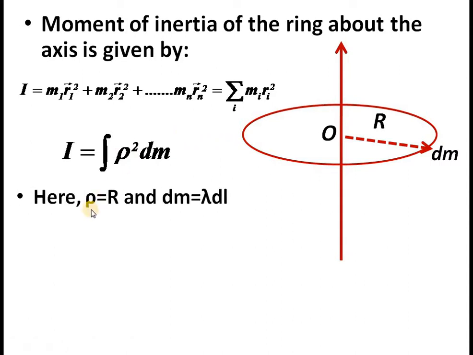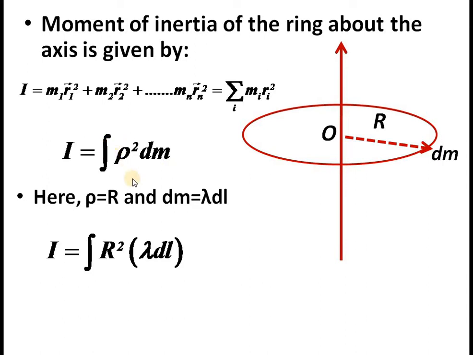And so we can write rho equal to capital R, and the elementary mass dm equal to lambda times dl, where dl is a small elementary distance. So linear mass density multiplied by dl. So we got dm, and we can now straight away integrate.